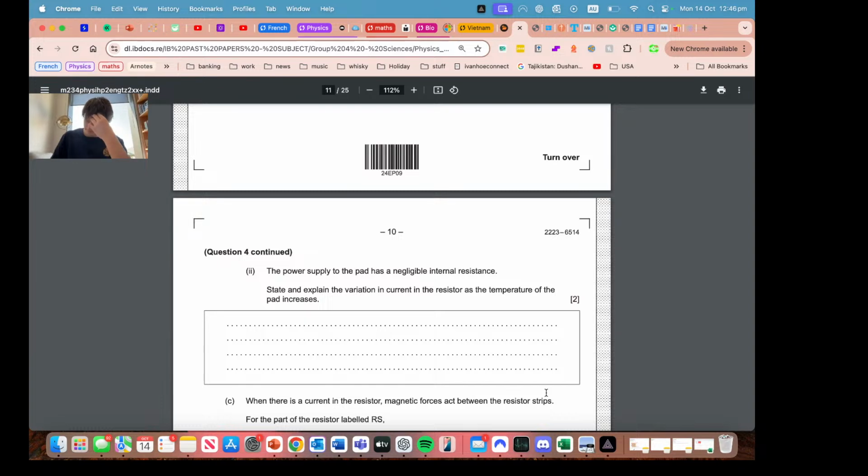So basically, okay, so I'll just start off with, the fuck is this?